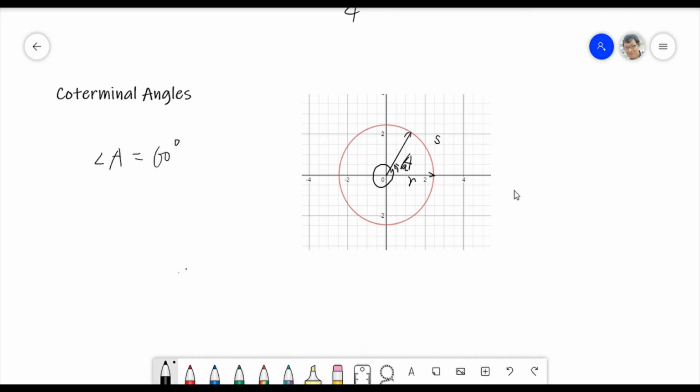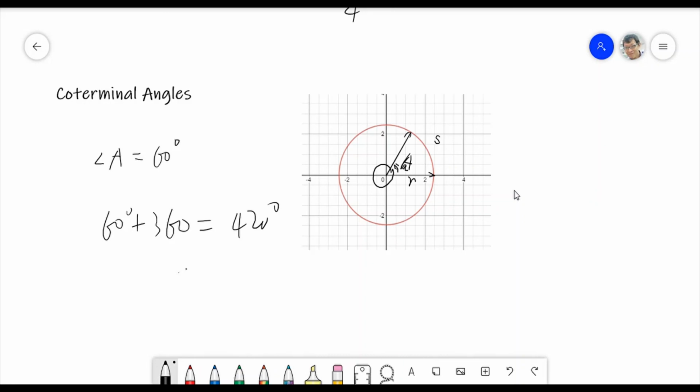So I'll give you an example. If the angle A here is 60, what are the coterminal angles? How many of them? Unlimited, right? Because they can keep on making different numbers of circles. Let's just give an example. If just one more circle, this coterminal angle will be 60 degrees plus 360, so it's 420.